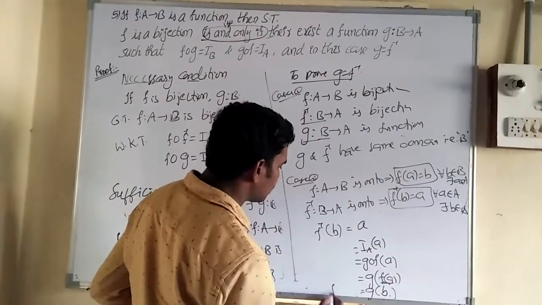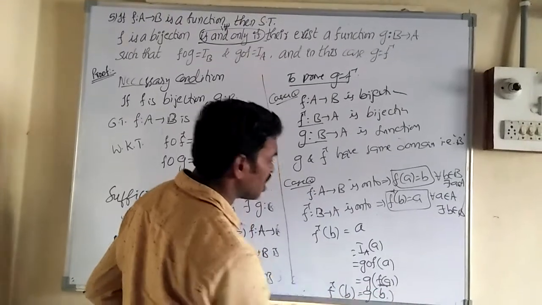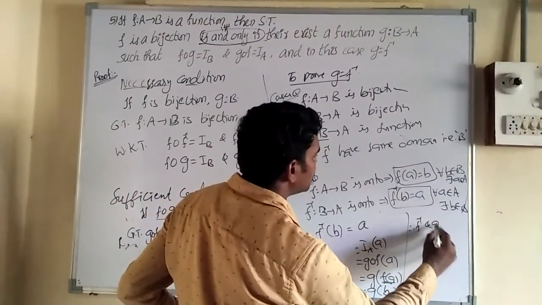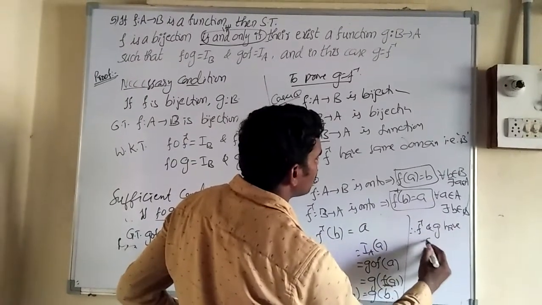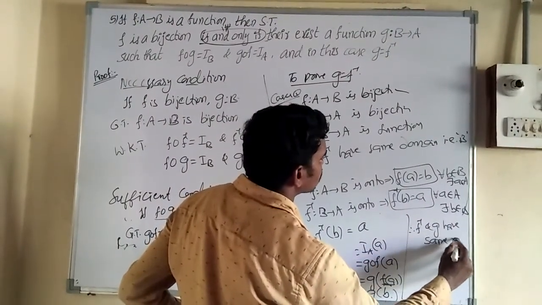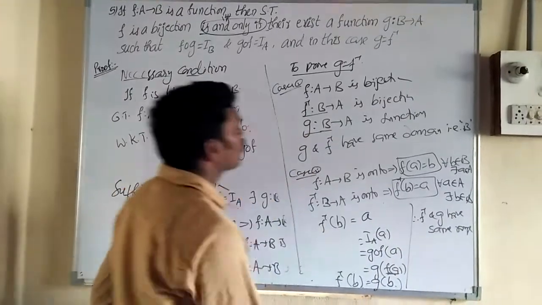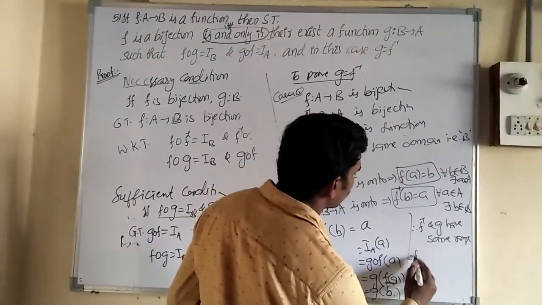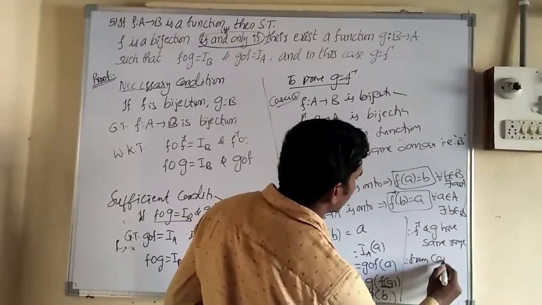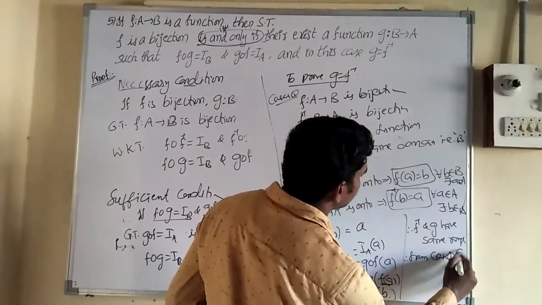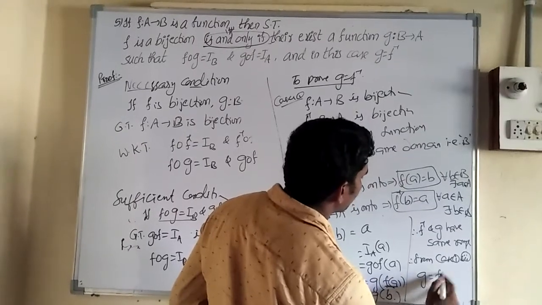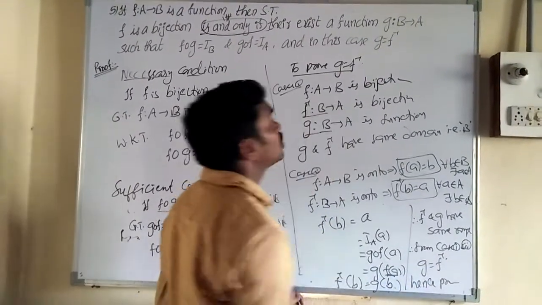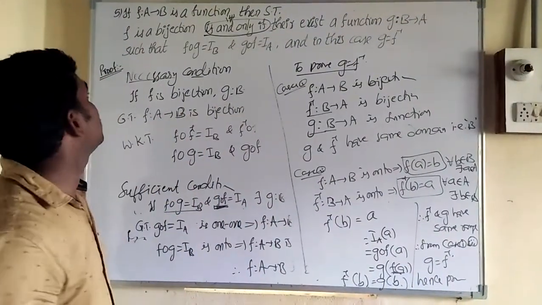So what did we get? f inverse of b equals g of b. Therefore, f inverse and g have the same range. Therefore, from case 1 domains are equal, from case 2 ranges are equal. Therefore, from case 1 and 2, g equals f inverse. That's it. Hence proved.